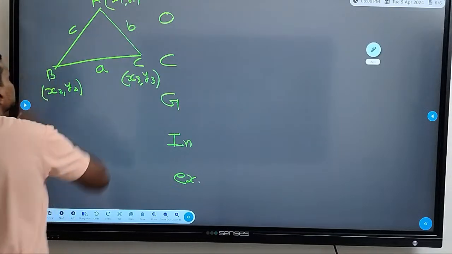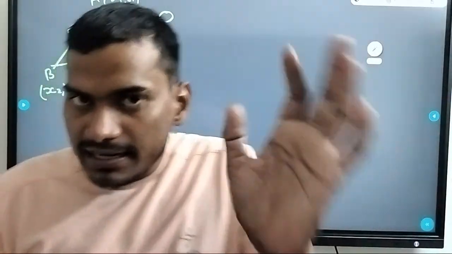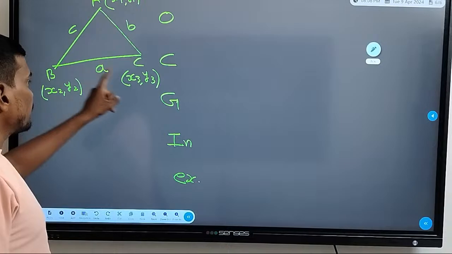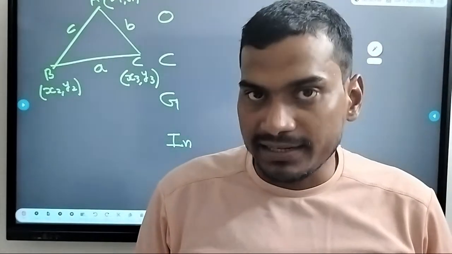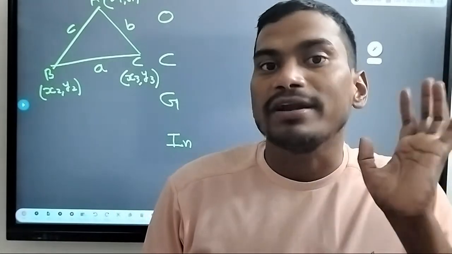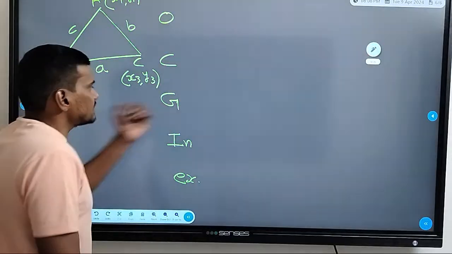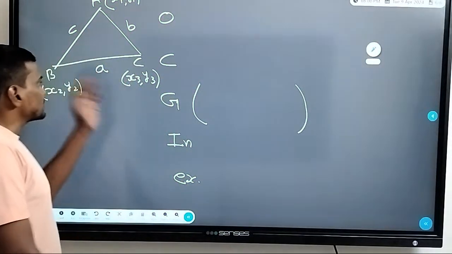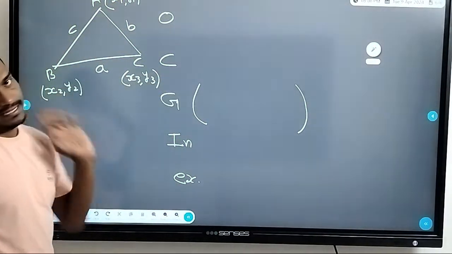A, B, C are the side lengths, and x1, y1, x2, y2, x3, y3 are the coordinates in 2D geometry. How will you write the coordinates of the centroid? Because this you have been studying for a long time. x1 plus x2 plus x3 by 3, y1 plus y2 plus y3 by 3.